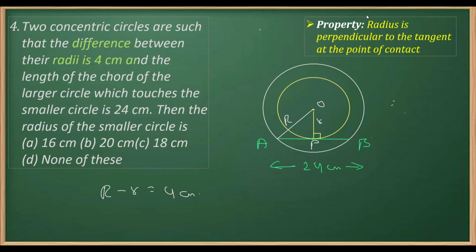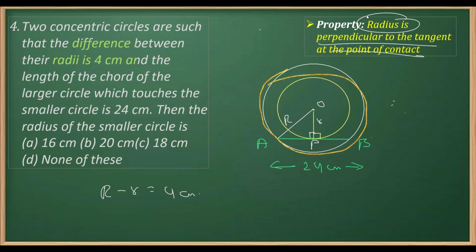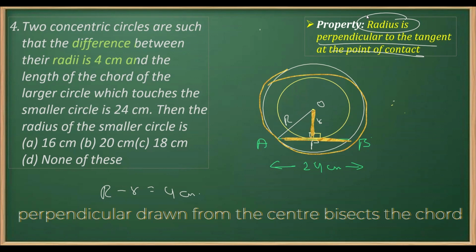Now, let's say this is the point of contact. From the property that the radius is perpendicular to the tangent at the point of contact, these angles are taken as 90 degrees. Now consider the larger circle. For the larger circle, AB is a tangent and OP is the perpendicular drawn from the center.